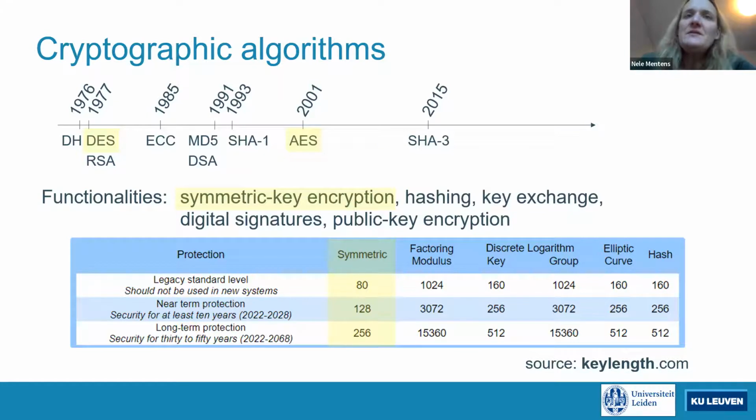For symmetric key encryption, it is advised that for existing implementations or systems, an 80-bit symmetric key is still okay, but should not be used in new systems. If you want medium-term protection for at least 10 years, then a 128-bit key is advised, and for long-term protection, a 256-bit key is advised.